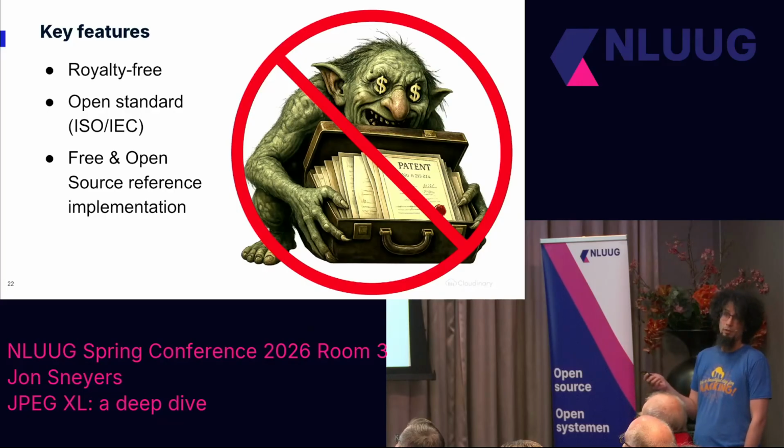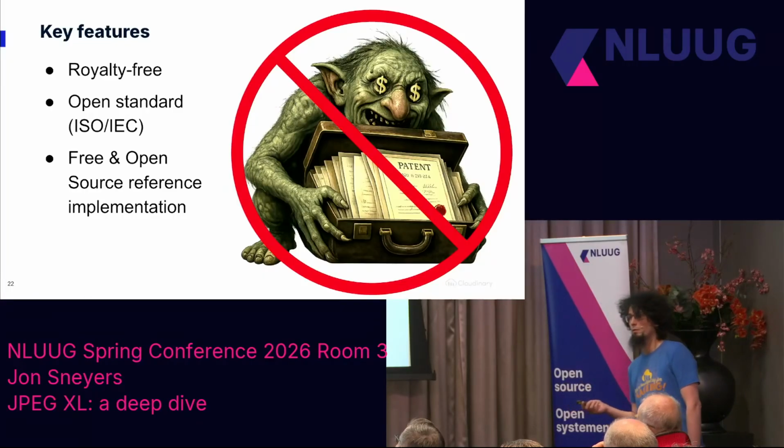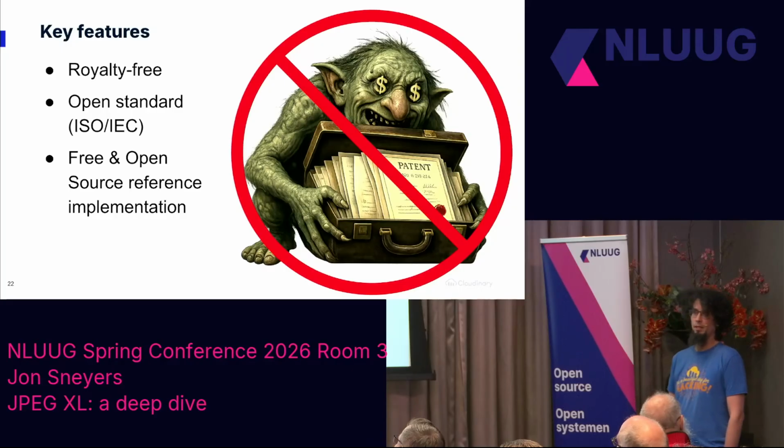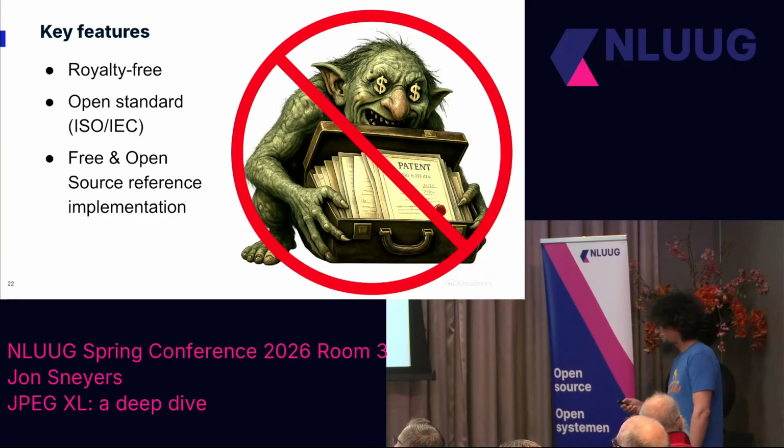In video, you often see patent-encumbered technology, which I think is a problem for adoption. And also, we have a free and open source reference implementation, so anyone can use it, and the reference implementation is actually good. It's not just an academic implementation that is very slow or something like that, but it actually works and it's production ready.